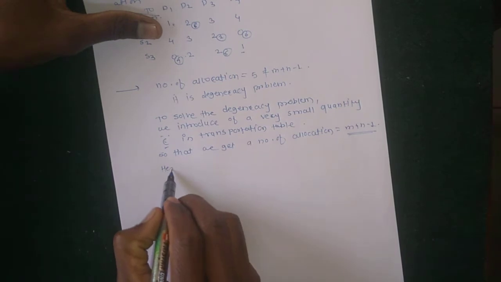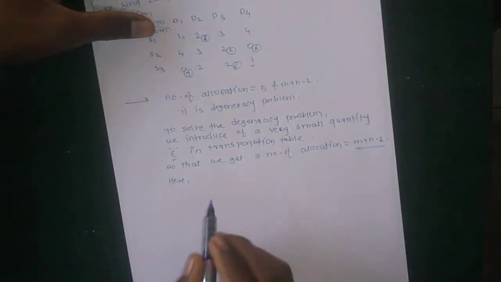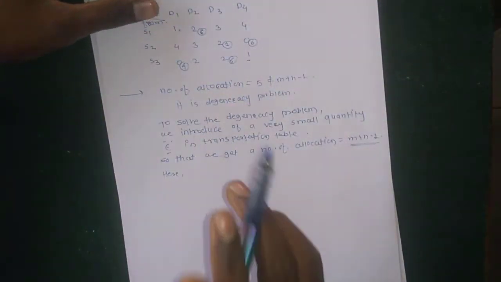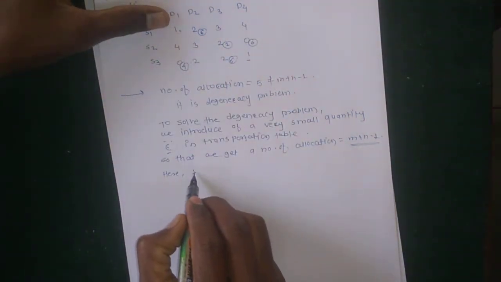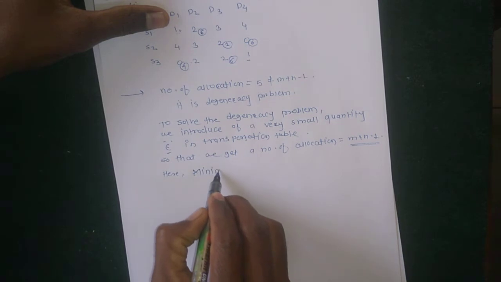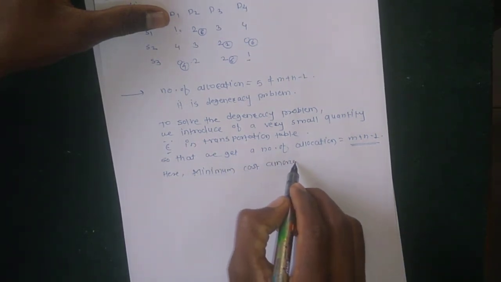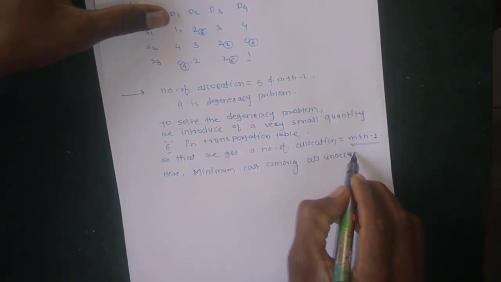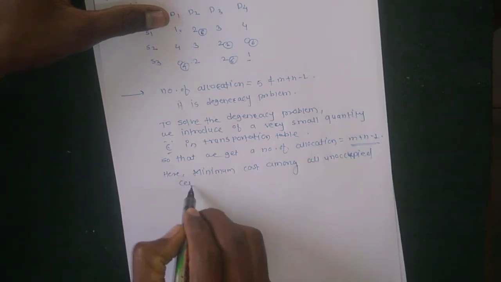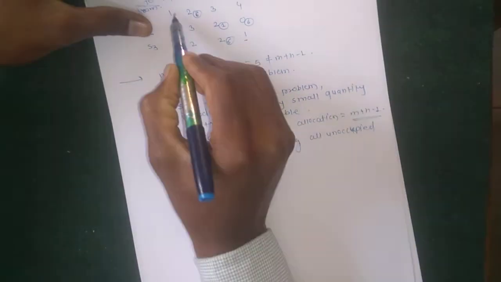Here, the minimum cost in the given transportation problem for unoccupied cells is 1. Okay, here the minimum cost among all unoccupied cells is 1.